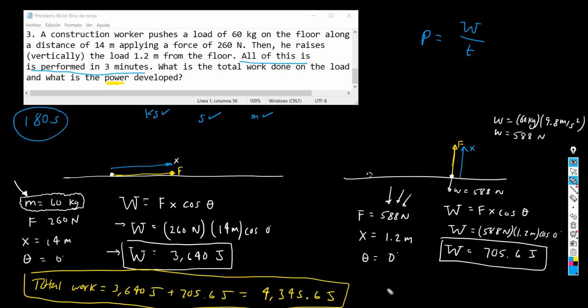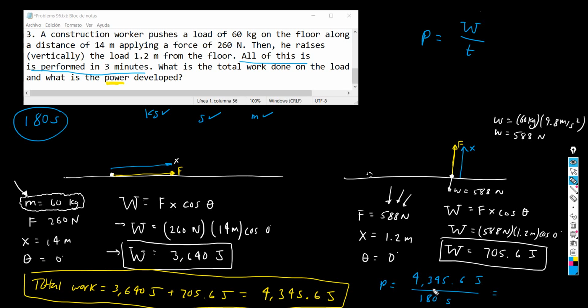And that's it, guys. That's all we need. Then we can calculate the power developed throughout all of this motion from here to here and then from here to here. The power will be the total work performed, which is this much, over the total amount of time, which is 180 seconds.